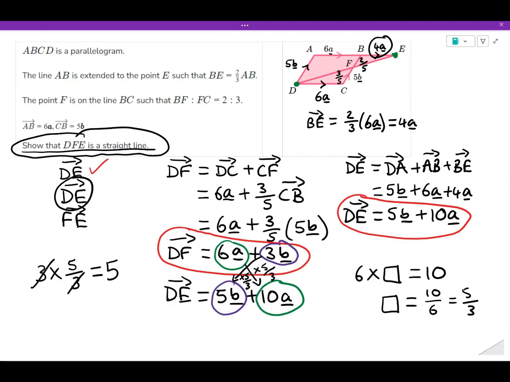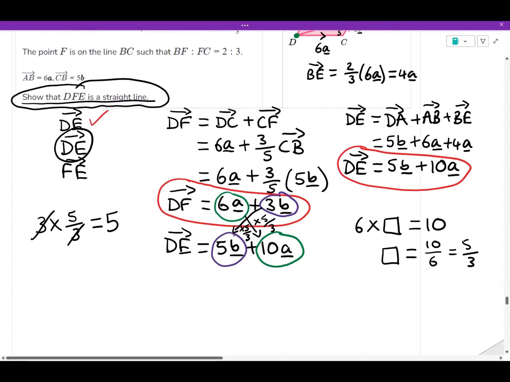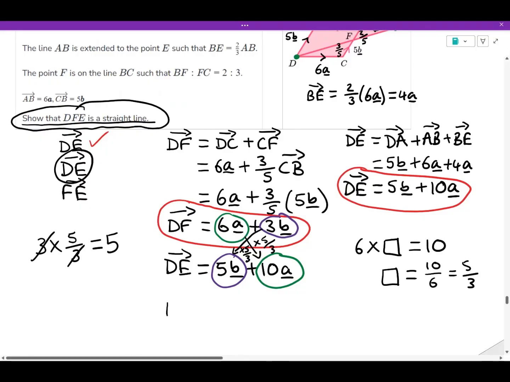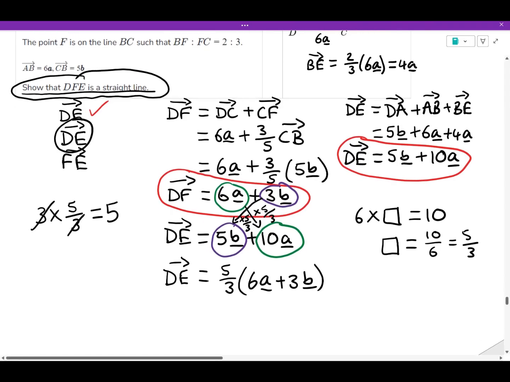So let's write out my usual working for this. So what I found here is that if I take DF and multiply by 5 over 3, I get DE. Therefore, I can write that DE is equal to 5 over 3 multiplied by my vector for DF. So that is the 6A plus 3B. And then I can replace that 6A plus 3B with DF, because that is what it's equal to.